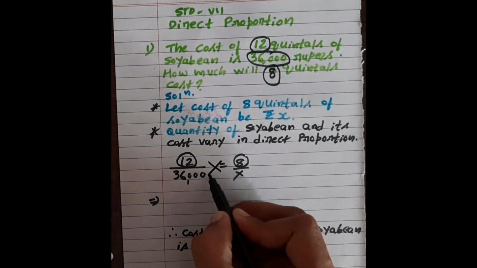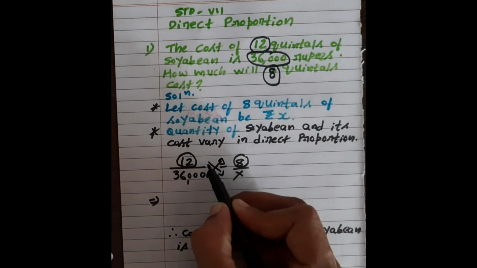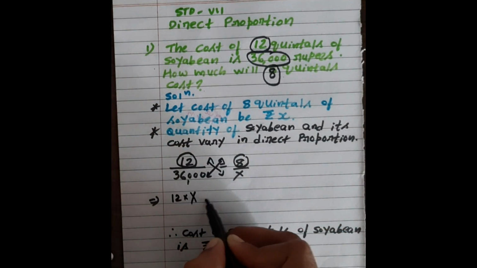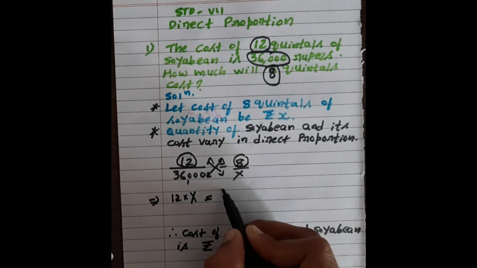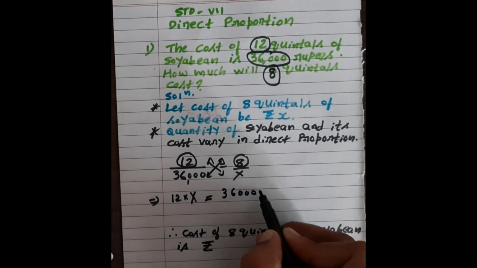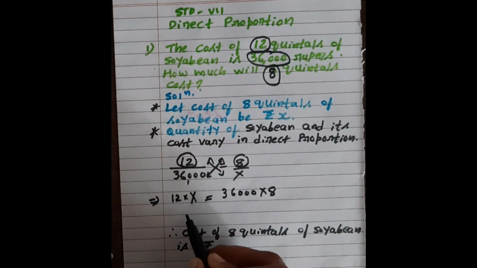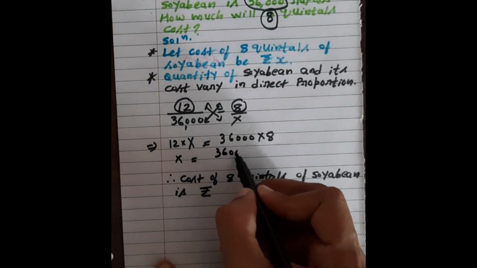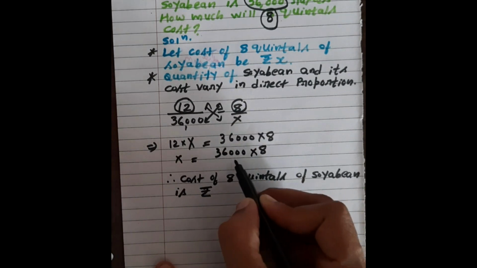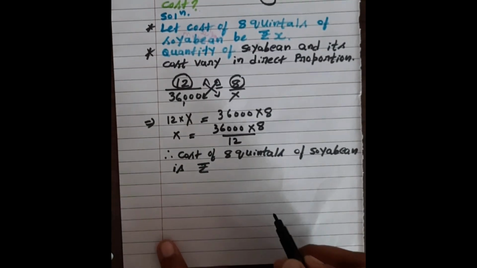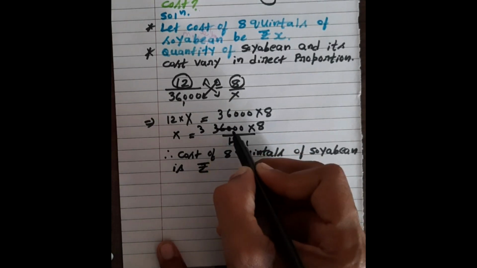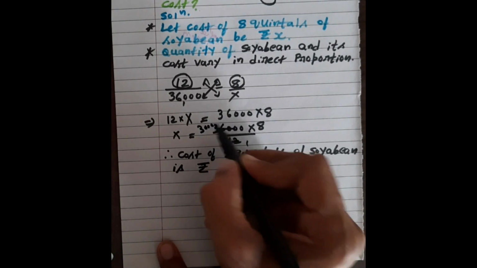So we will go for cross multiplication. 12 into x we have to multiply is equal to 36,000 into 8. So in the next step, x is the variable, that is coming on the left hand side. 36,000 into 8 divided by 12. 12 ones are 12, 12 threes are 36, 3 zeros are there, 3 zeros we will put.